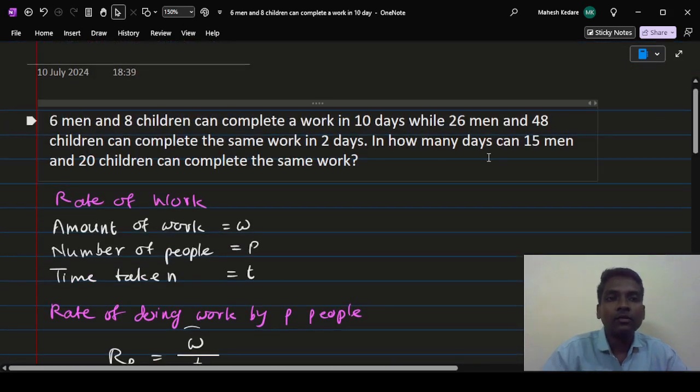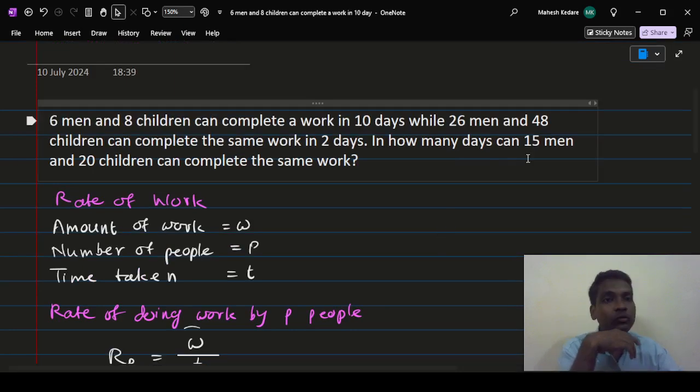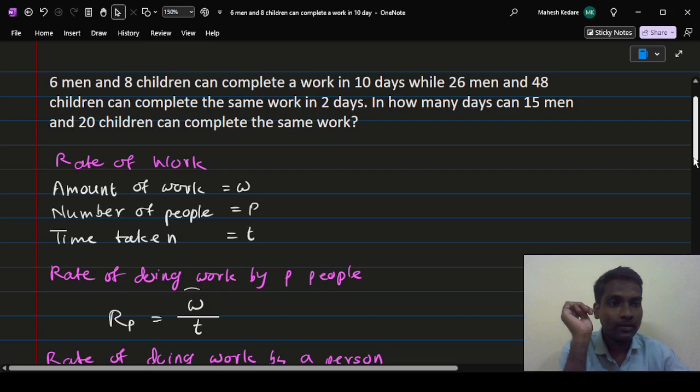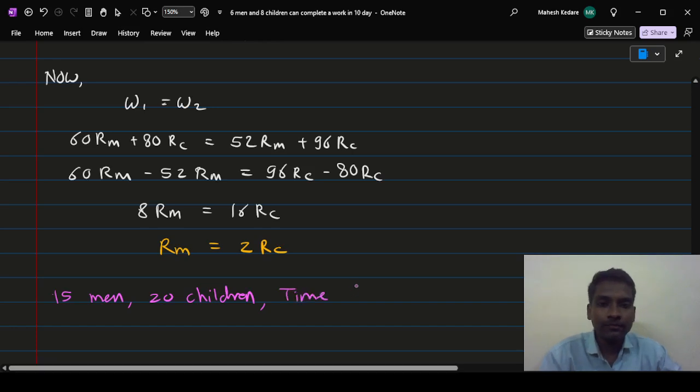Now, we have to find the number of days that would be taken by 15 men and 20 children to do the same work. We have 15 men and 20 children, and we have to find the time they would need to complete the same task.